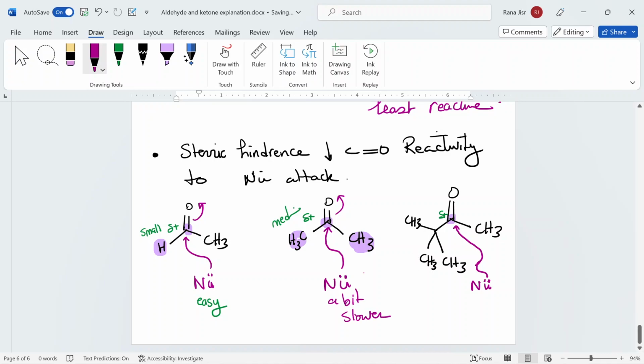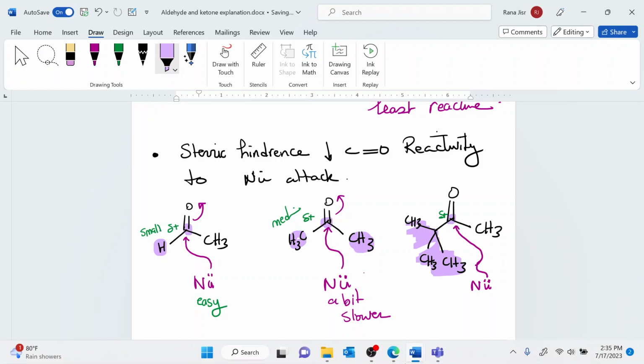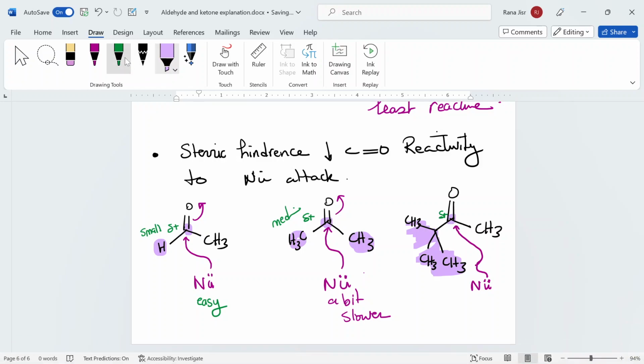This group over here is compared to this structure over here where you have a bulky group that is hindering the nucleophile from reaching this carbonyl over there. So the reaction will happen here, the nucleophile will reach the carbonyl, but it's going to be a much slower reaction in this case. So that is going to be a much slower reaction.